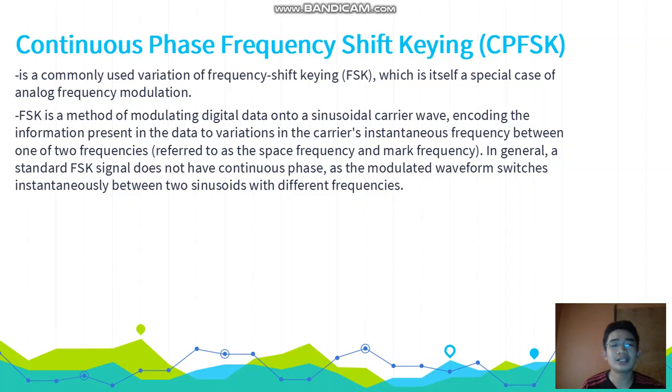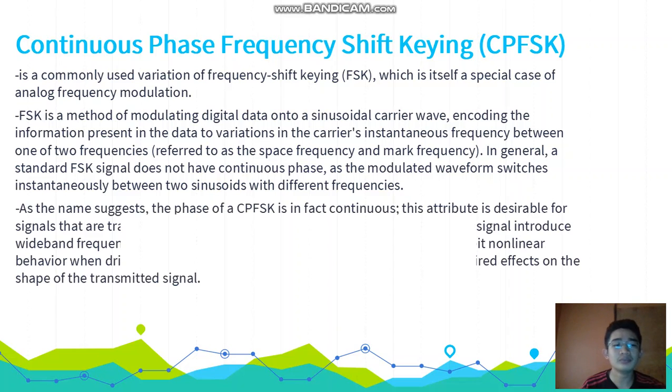In general, a standard FSK signal does not have continuous phase, as the modulated waveform switches instantaneously between two sinusoids with different frequency. We will tackle later on how it gets there.